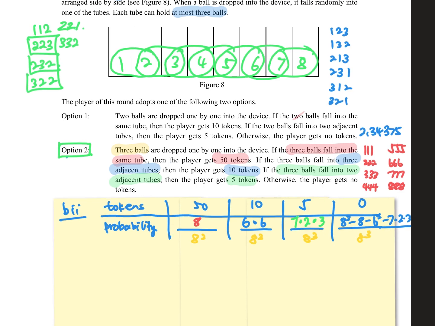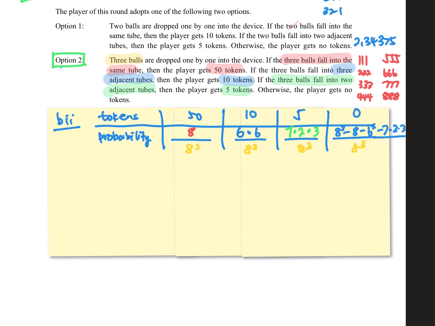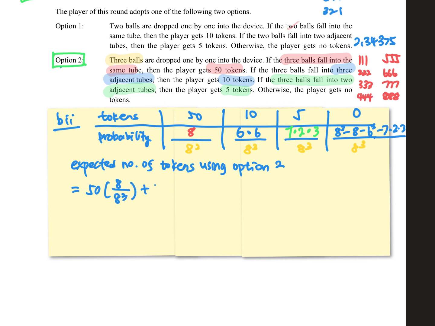So that's why here we go to then the expected number of tokens using option 2 can see that would be 50 times this. Just do the lump sum.